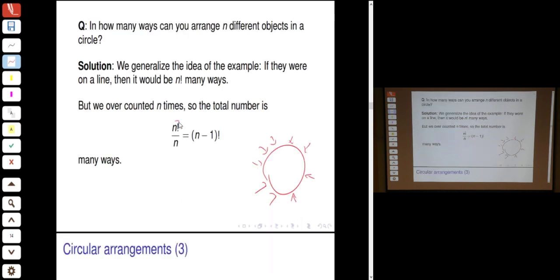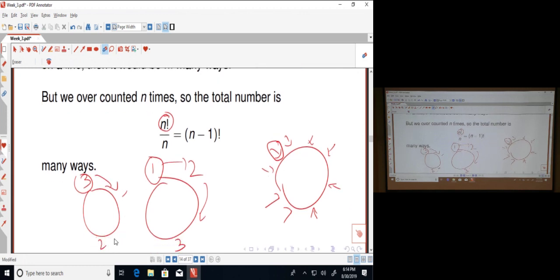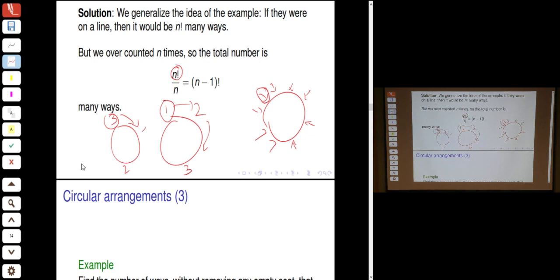However, for circular arrangement, if these same n different objects are arranged around a circle, we noticed that for every circular arrangement, if you fix this particular position and start counting from here clockwise, then you have 1, 2, 3, and you could have 3, 1, 2, and then you could also have 2, 3, 1.